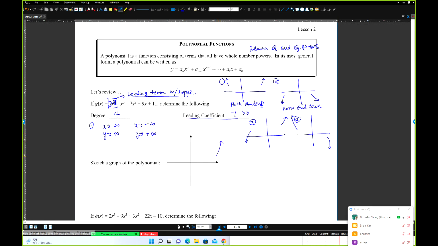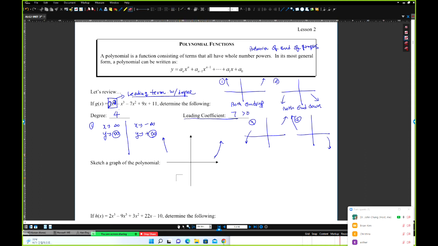To the right, rise up. To the left, also rise up. Okay, this is it. This is the end of the graph. In the middle, we don't know. The middle could go this way, or this way, or this way. We don't know, and we don't care about this.